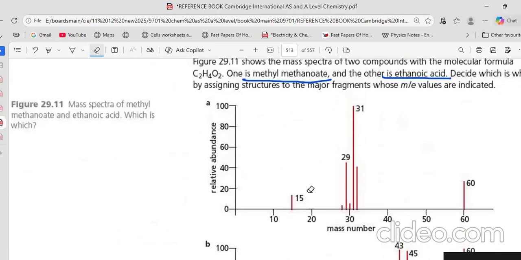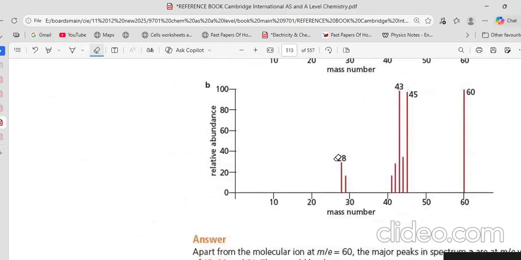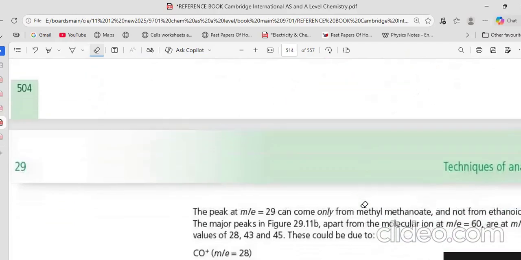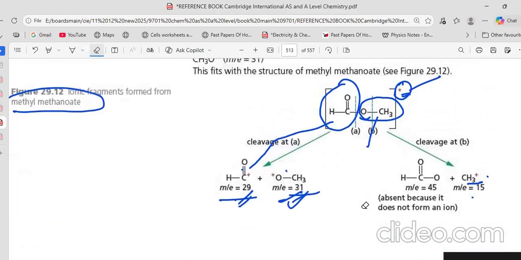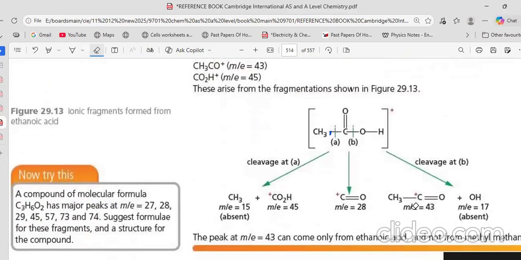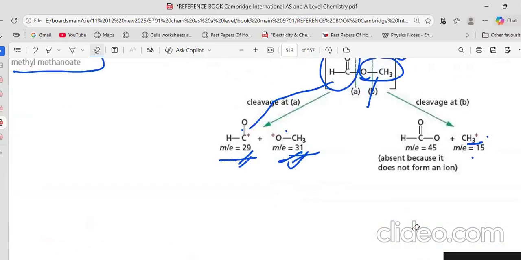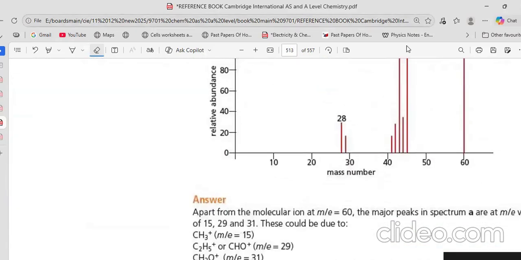And for the other, the peaks are 28, 43, 45. Only the ions appear; you don't see the free radicals. So this way you can judge the structure.